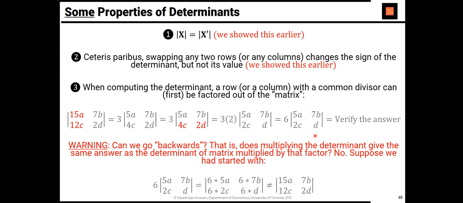So I know that this gives the same answer as that. But what if somebody became emboldened and started to go back in time? You want to reverse your steps, but they forgot what was happening, right? So somebody who's never seen these steps before may start here, becoming emboldened. They might multiply the 6 in here, which is now, by the way, a legit operation because I'm multiplying by 6 everywhere, right?